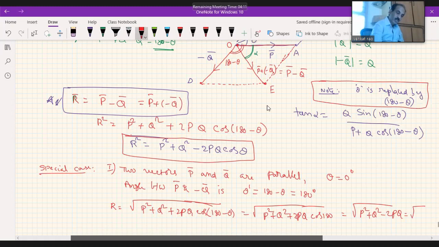That is equal to root of P minus Q whole square.